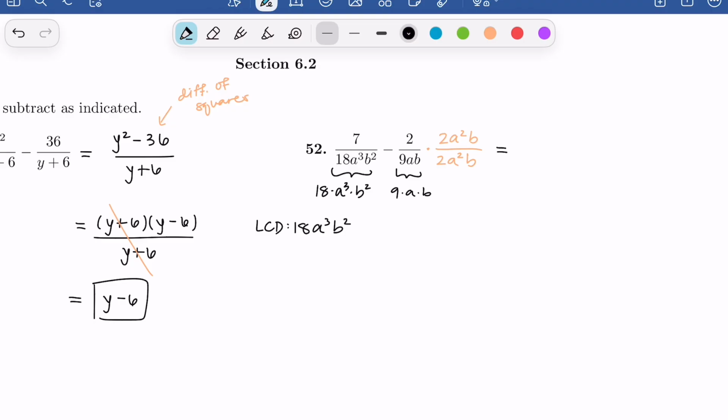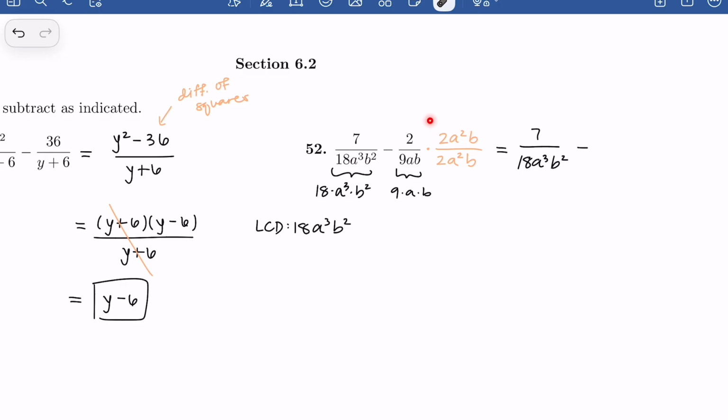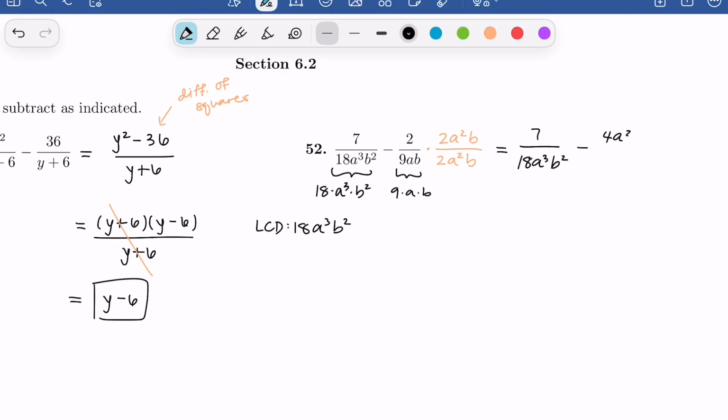Okay. So we're still going to have this first expression. We're going to have 7 over our LCD, and we're going to subtract out this new expression. So we're going to have 2 times this guy. We're going to end up with 4a squared b in our numerator, and in our denominator, we're going to end up with that LCD that we wanted.